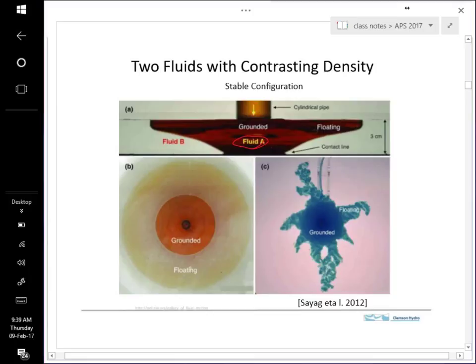This is shown in cross-section, and we've got this characteristic shape where the fluid A is along the bottom here. That's what's called grounded there, and then it has this interface. Looking down on it, we've got a nice circular pattern that's shown here.